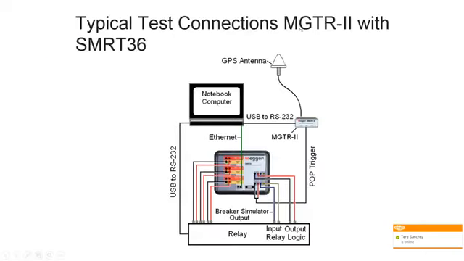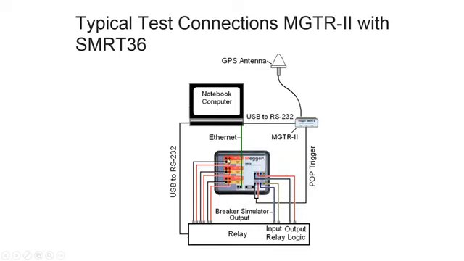This is the typical test connections between the MGTR2 with the Smart 36. As you see here, we have a computer. The computer is used to control the Smart 36. You can replace the Smart 36 with any test set that you have available, or that is of your preference, but the concept is the same.